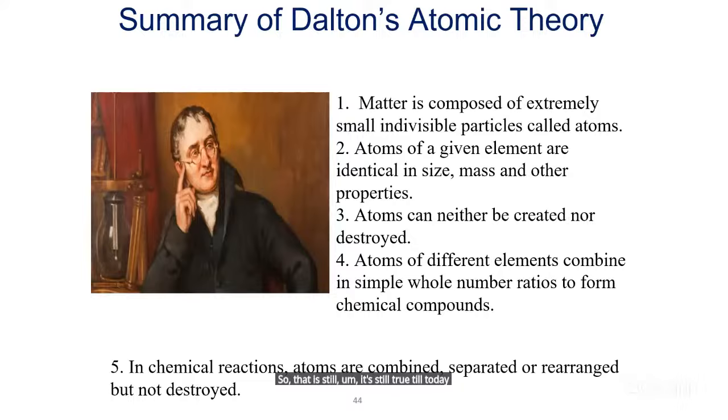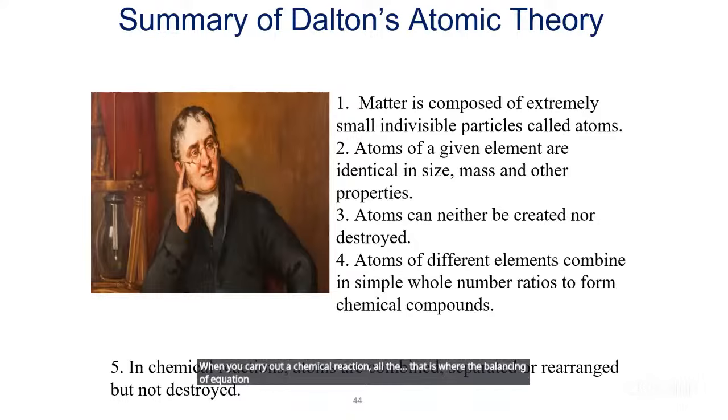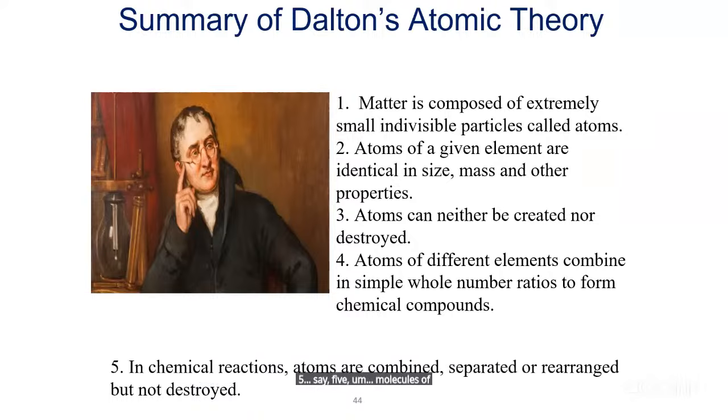In chemical reactions, atoms combine, they separate and they rearrange but not destroy. Exactly, because when you carry out a chemical reaction, that is where the balancing of equation comes in. Whatever you have on the reactant side, you always have in the product side. If you have 5 molecules of silver here, you must have 5 molecules of silver in the product side.